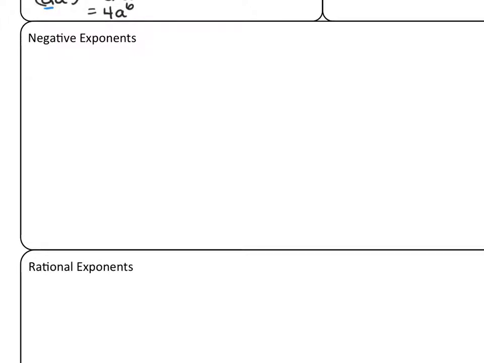Negative exponents might seem a little bit newer, or you may not have as much practice with it. But I'm going to show you a couple things with negative exponents. So first of all, if we have a negative exponent, the one thing you're going to do is take that base and turn it into a fraction.